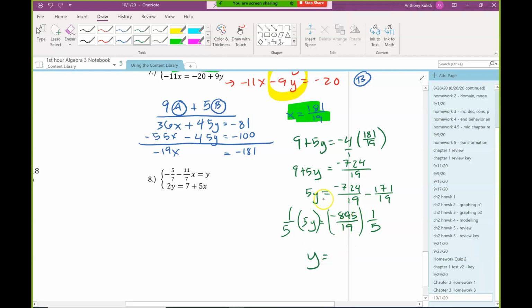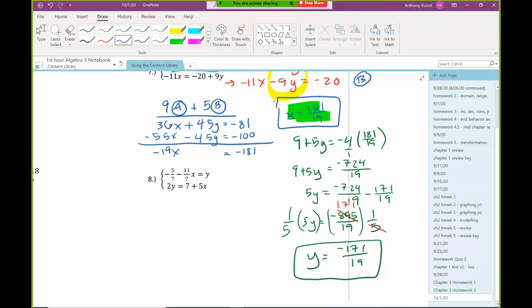And if I do that, the 5 and the 895 will reduce to give me the 171 over 19 that I had advertised earlier. Does that feel okay, Megan?